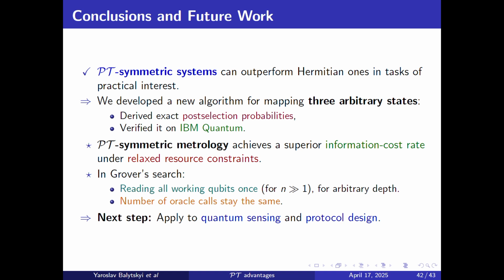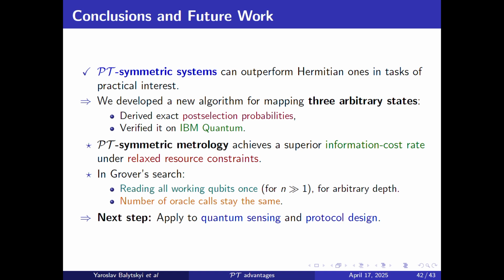And by developing a new algorithm for mapping arbitrary three-qubit states and developing exact expressions for post-selection probabilities, this enables us to rigorously evaluate the performance of such systems. And also we verified our computations on IBM Quantum Experience.